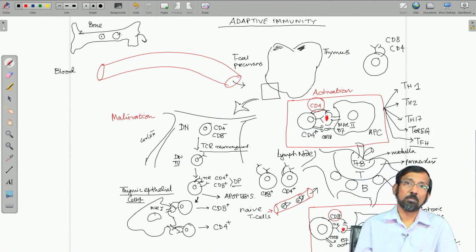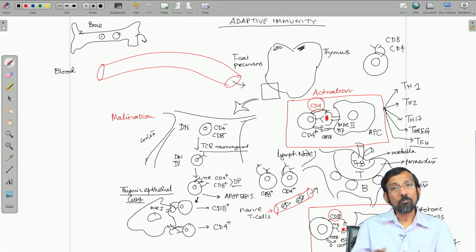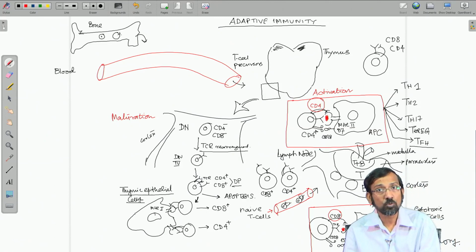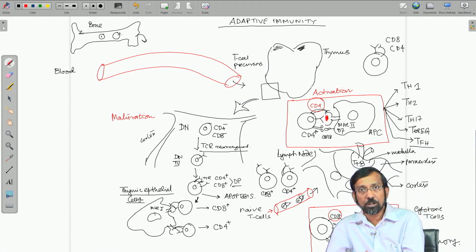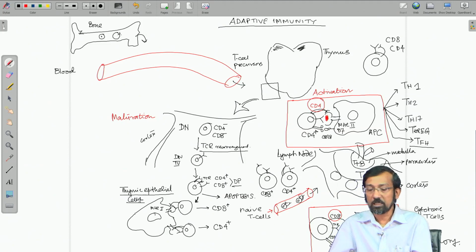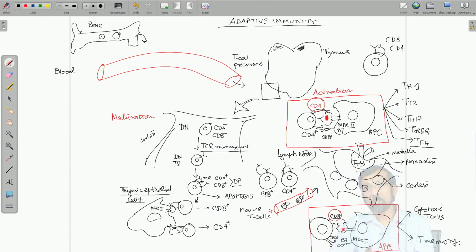Now, they are further subjected to another round of selection by mostly the macrophages or the antigen presenting cells, which express the MHCs on their surface, class 1 or class 2 MHCs, and then finally the cells which are selected, they proceed to the lymph node for activation, and those cells which are not selected by the thymic epithelial cells, they get destroyed or killed by the process of apoptosis, programmed cell death.